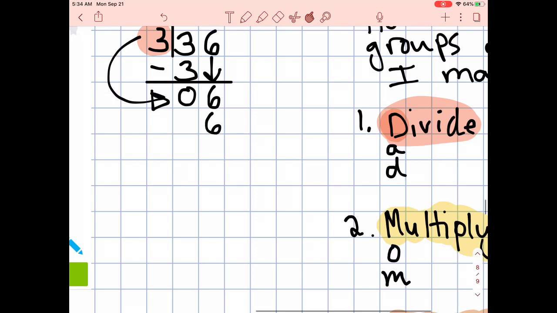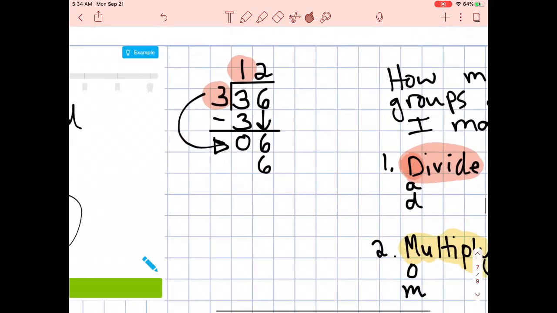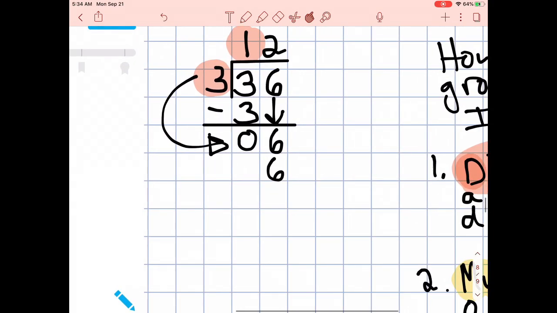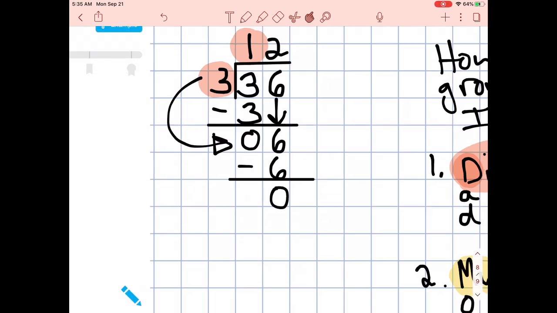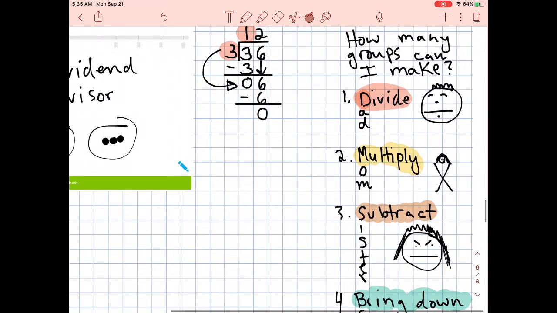All right, what's the next step here? Next step is subtract. 6 minus 6. So you need to make sure you have those steps over here in your notebook written down, because in the next problem I'm going to be referring to them. I'm going to ask you questions about them, and I want you to be able to answer from the notes in your notebook. 6 minus 6 is 0. All right. Subtract is done. 4 is bring down.